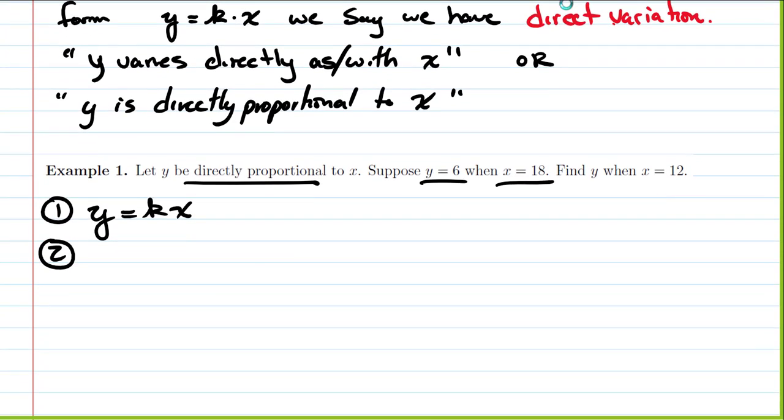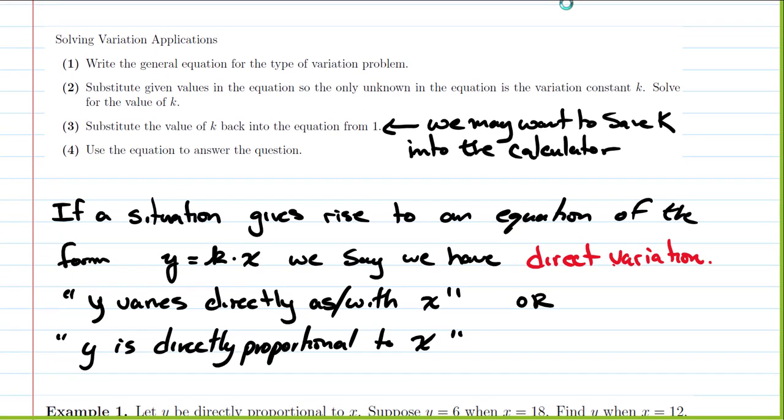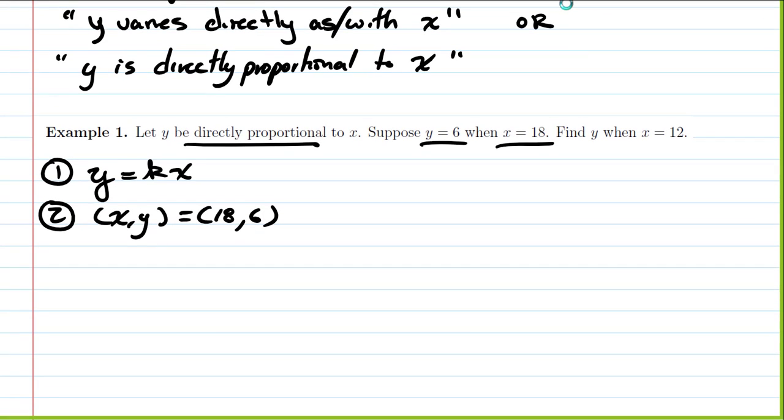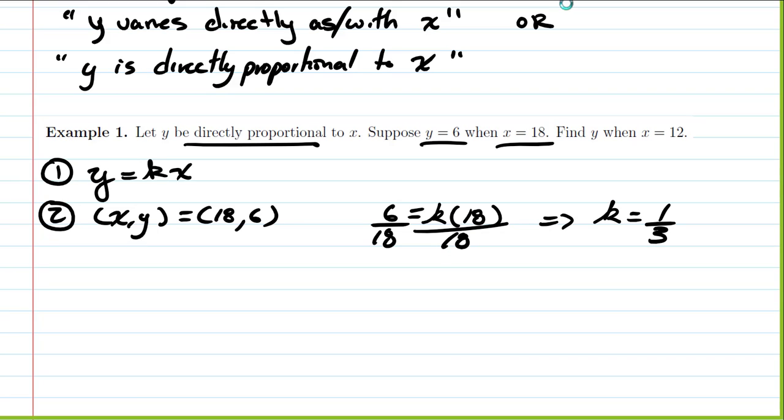We know that when x is 18, y is going to be 6, and we are going to take the x and the y value and substitute them into the equation from step 1 and solve for k. That gives us 6 is equal to k, which we don't know, times 18. Divide by 18, divide by 18, we get k is 1/3.